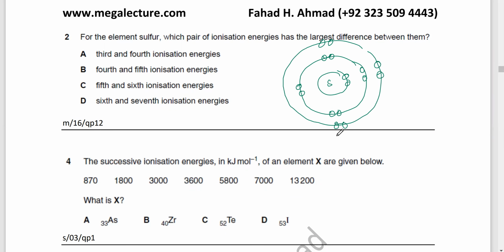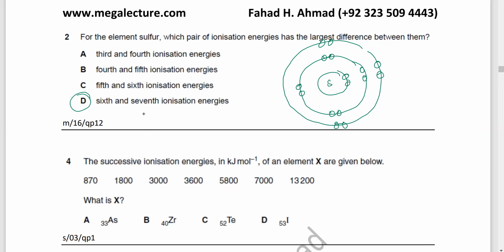So it's not going to be C. Removing the first electron, the second, the third, the fourth, the fifth, and the sixth is easy. After the sixth, removing the seventh electron would be from an inner shell, which would be closer to the nucleus and less shielded as well. So that would be very difficult. So between the sixth and the seventh.